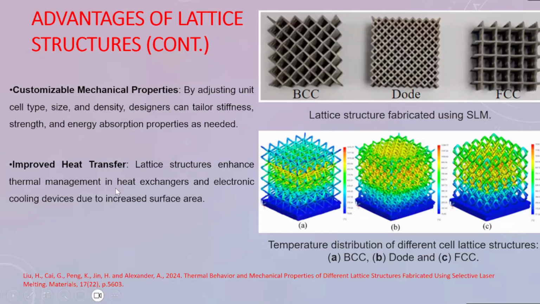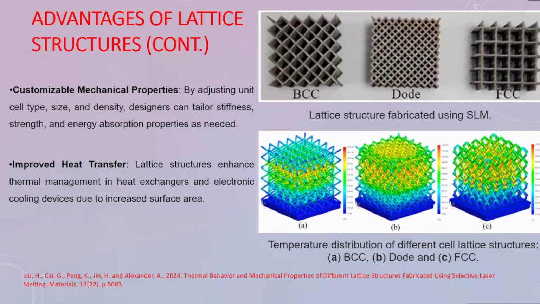And here, this is improved heat transfer. For thermal application, you can see that when the surface area of a material is more, then there will be a thermal gradient. As the convective surface is more, you can transfer more heat from the material to the external surfaces.